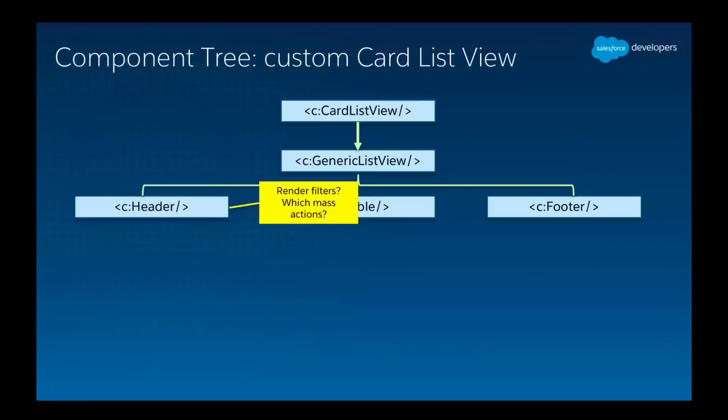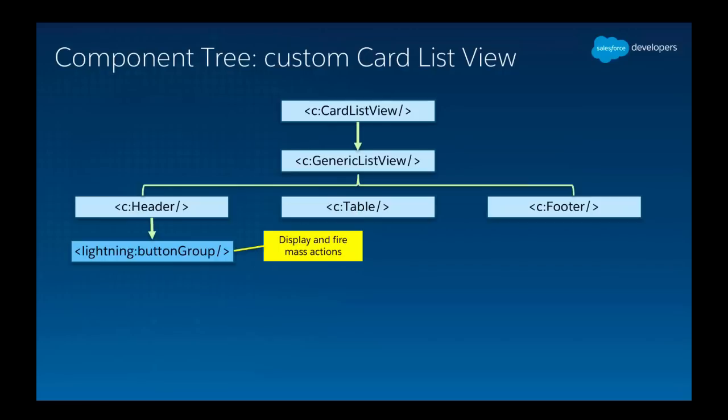This component includes three different sections: a header, where I'll focus on understanding whether I need to render any specific filters and which fast actions are available, a table, and a footer. The header will likely contain base lightning components for the button group, which will display and fire mass actions.